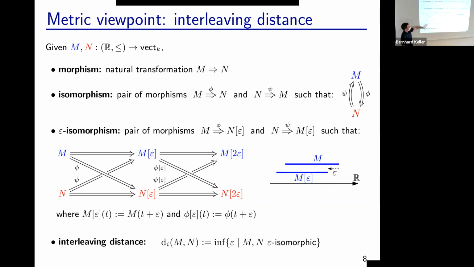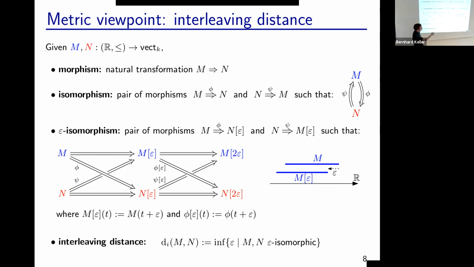This is a well-defined functor on the category of persistence modules. And so you really want the existence of these two morphisms between M and N epsilon and between N and M epsilon, such that the following diagram commutes, where the natural transformations that you have here are the natural morphisms that exist between a module and its shift.